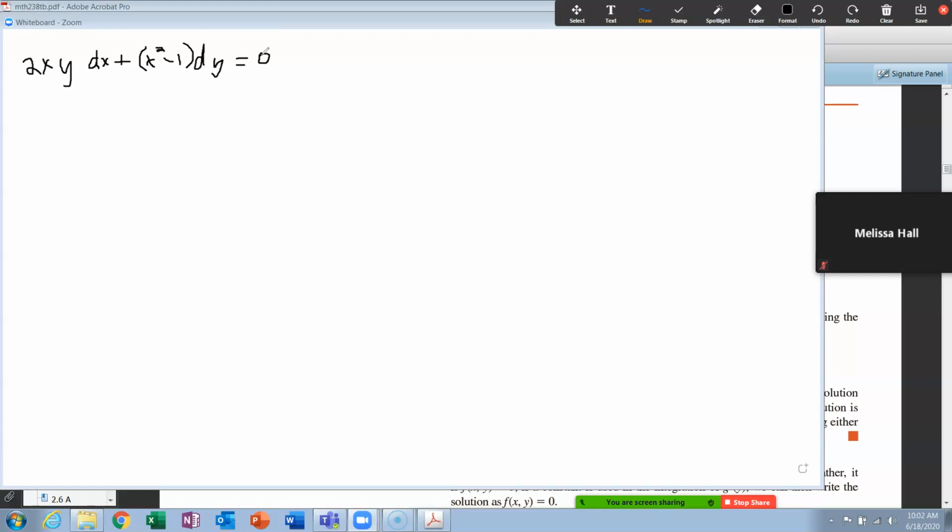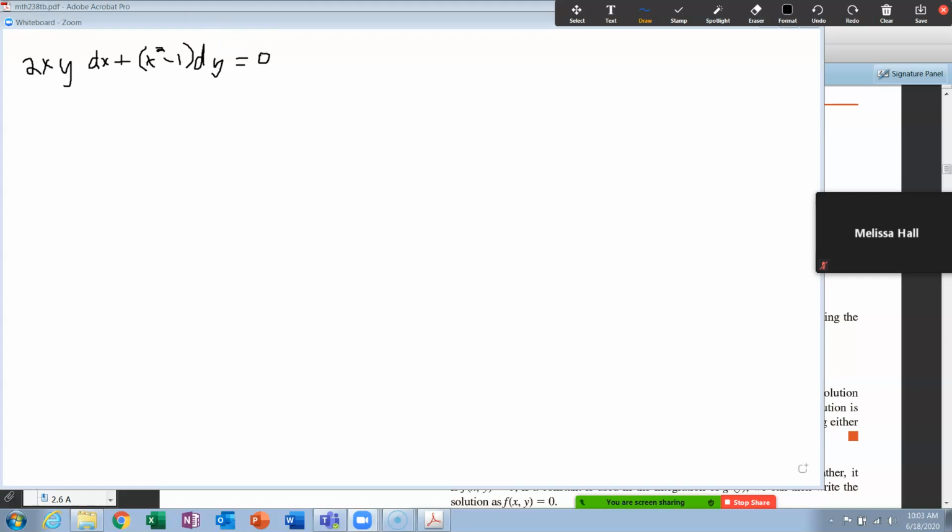Now, before we get going too far with this, I think we might need to note something. Remember, we're talking about some region, some domain, okay, that this is supposed to be identified on. It seems to me, just gut feeling here, that we probably don't want x equals 0.